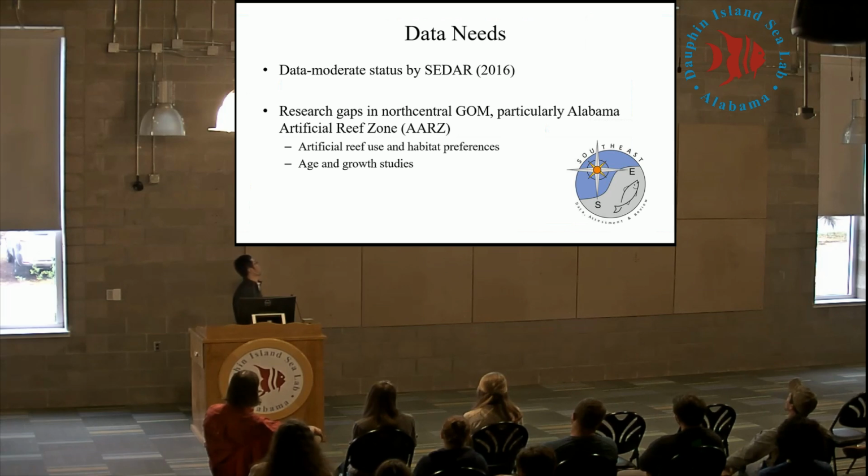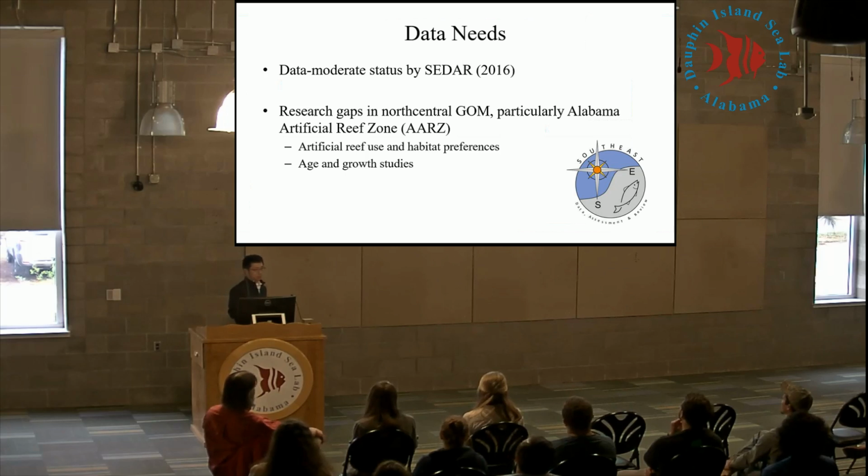So what I'm doing for my project is essentially looking at the research gaps in the north central Gulf of Mexico where we are, specifically in the Alabama Artificial Reef Zone, which for those of you who don't know what that is, is a huge area offshore that's filled with artificial reefs that both the state as well as recreational anglers have put down to support biomassive reef fish species.